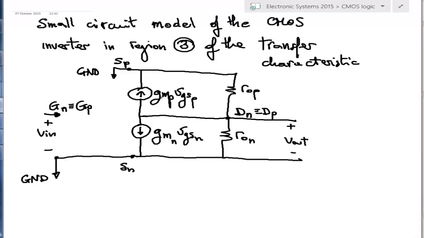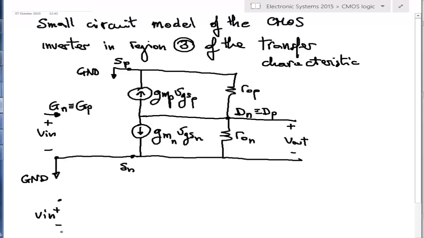Of course, things can be adjusted a bit because the source of the P MOSFET is at the same node as the source of the N MOSFET, which means that the two current generators are actually in parallel, and also VGSP is equal to VGSN, and they are both equal to Vin. So basically we can redraw everything here.